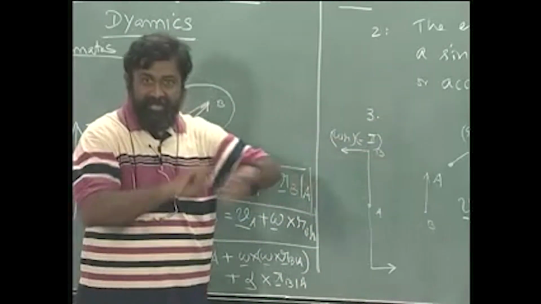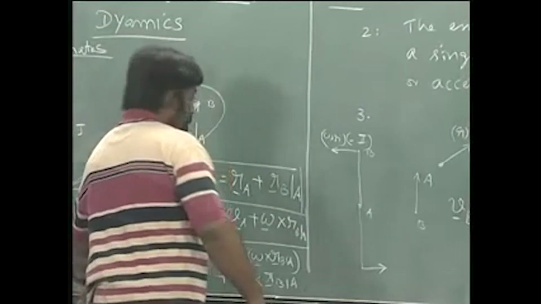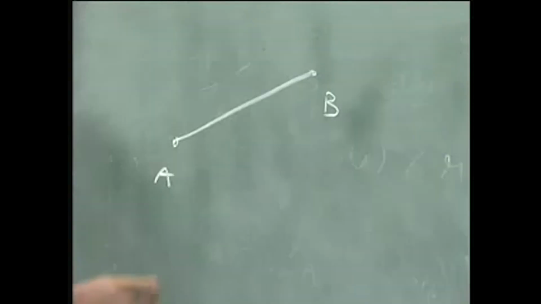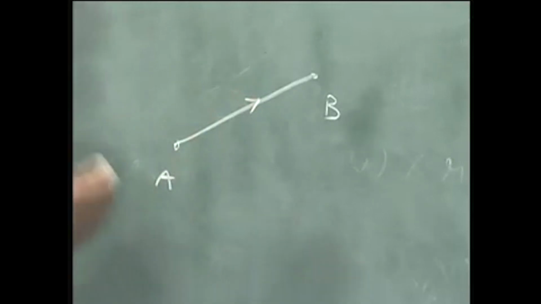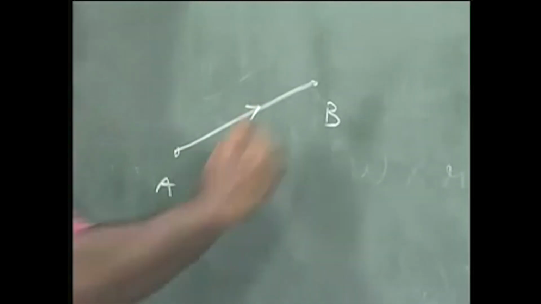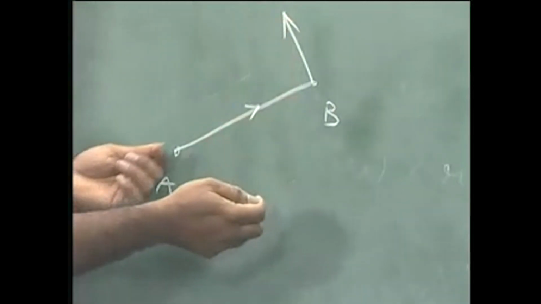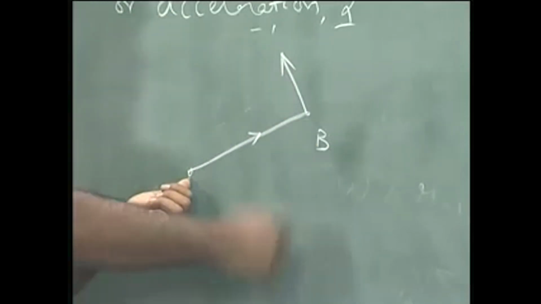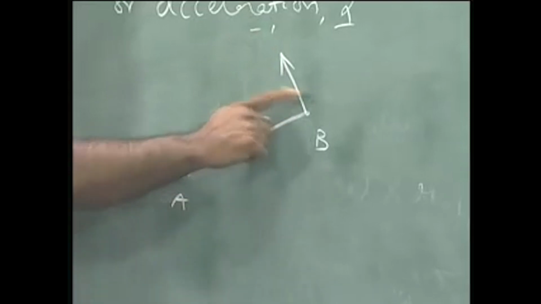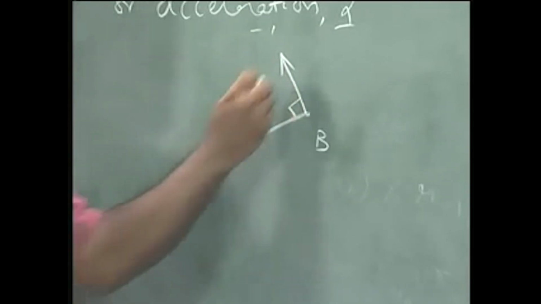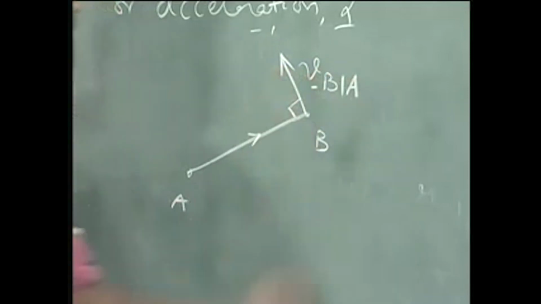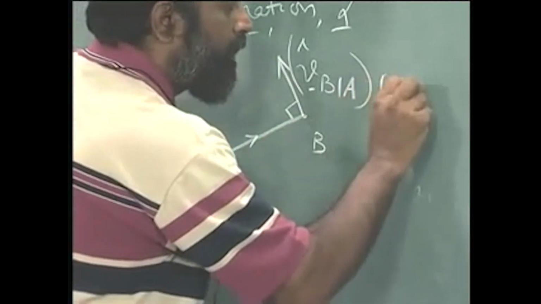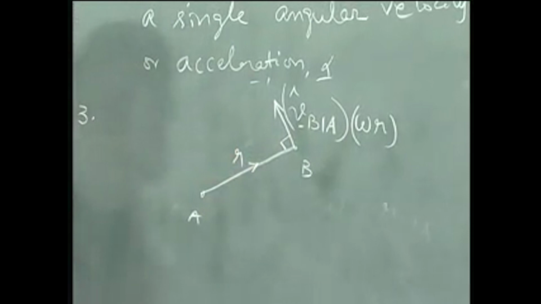So let me just erase this and write it to you in a very simple way. If this point is A, this point is B, the velocity of B with respect to A will be in a direction that is taking B in an anti-clockwise direction and tangential to this radial line, or in other words this is perpendicular and this is V. If this direction is given by this, omega times r, where r is this distance, is the magnitude.